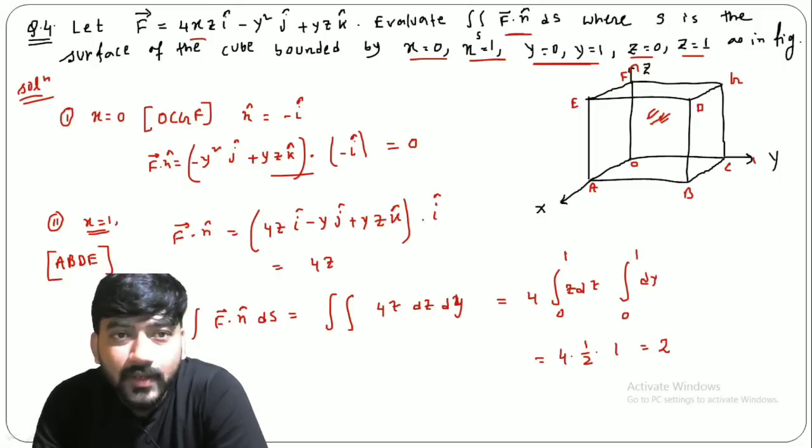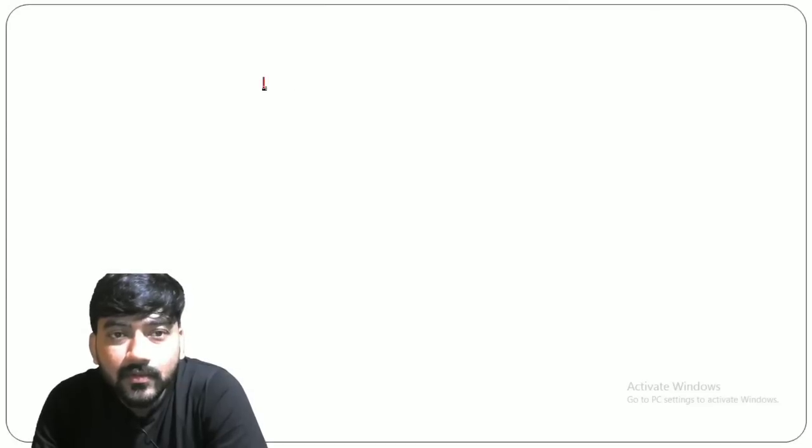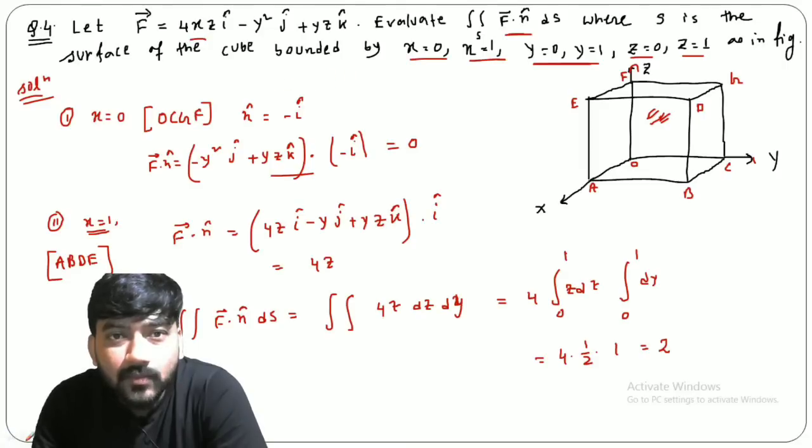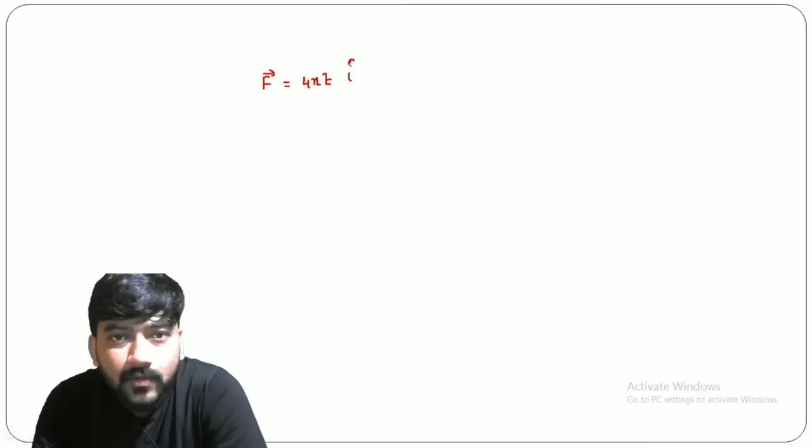So let me write F again. F is equal to 4xz i cap minus y² j cap plus yz k cap.